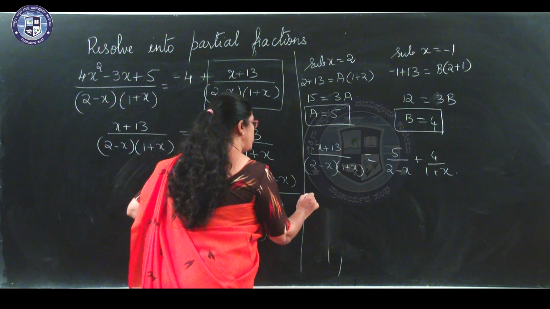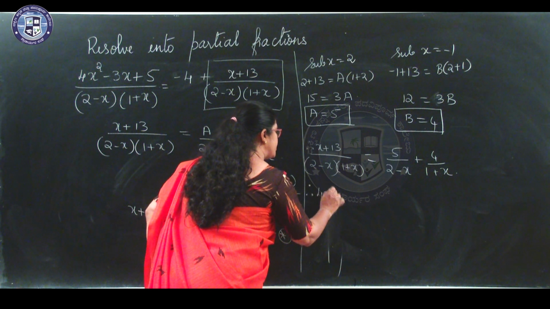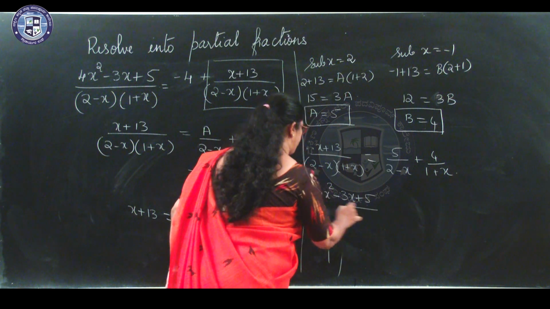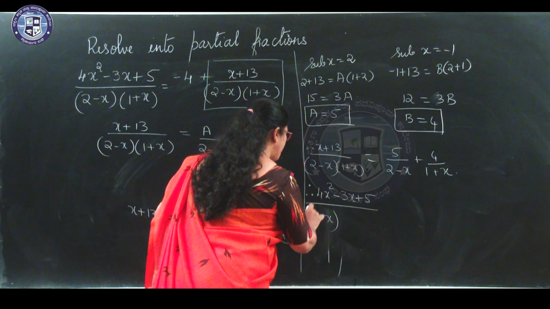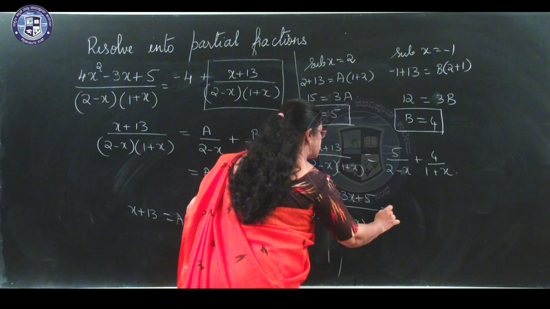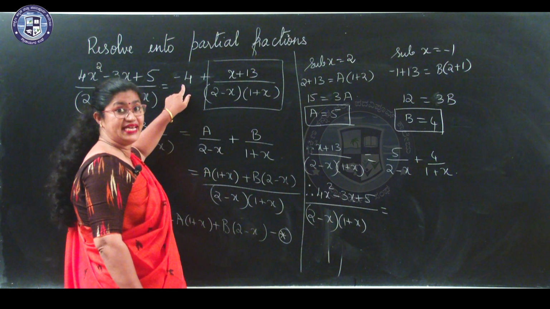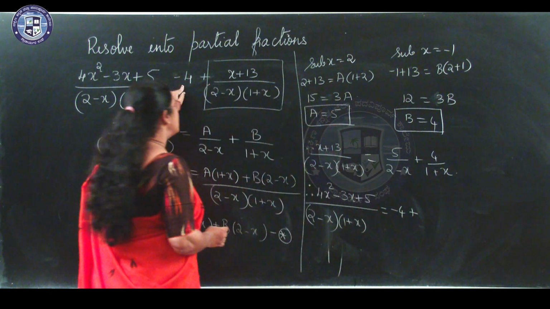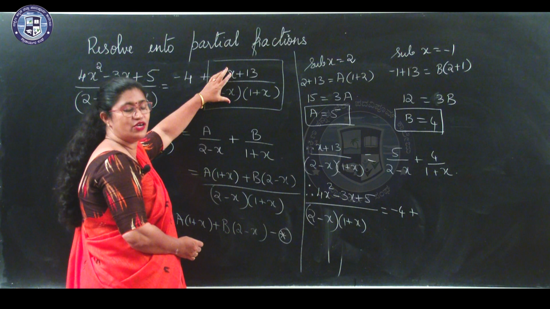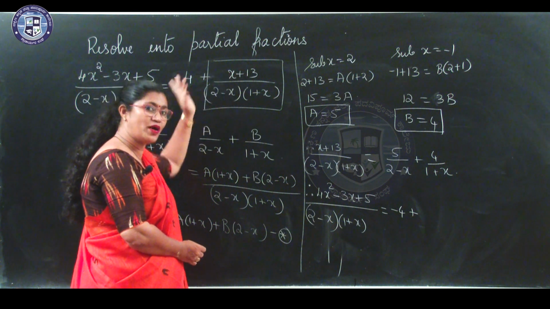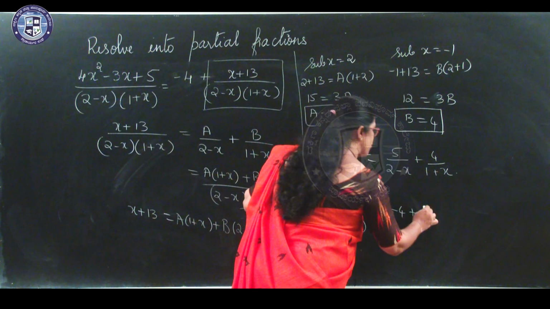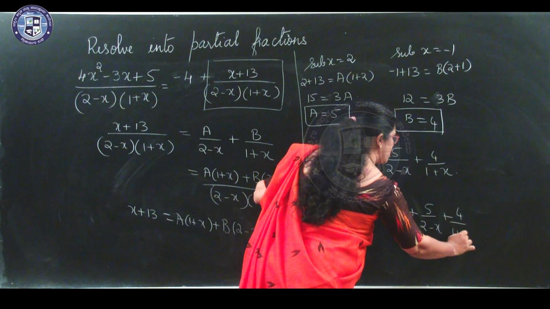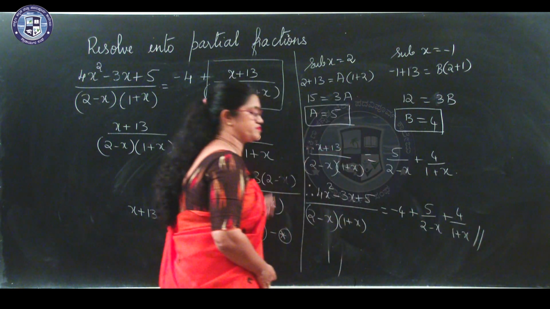Therefore, don't forget always to write the conclusion. (4x² - 3x + 5) / ((2 - x)(1 + x)) is equal to minus 4, plus, now instead of this one, you write it as the sum of partial fractions, and that answer you have got here, 5/(2 - x) plus 4/(1 + x).